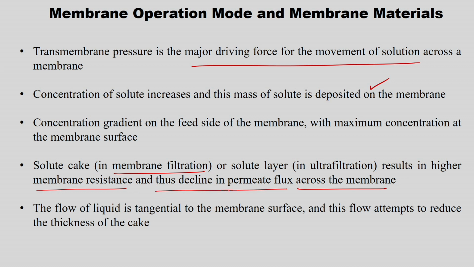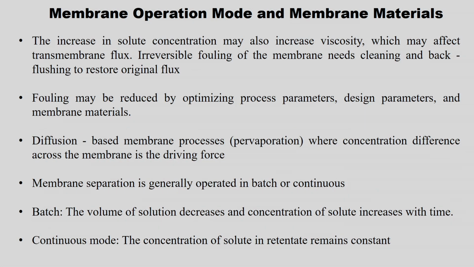The flow of liquid is tangential to the membrane surface, and this flow attempts to reduce the thickness of the cake. This we discussed in the previous slide itself. The increase in solute concentration may also increase the viscosity, which may affect the transmembrane flux, and irreversible fouling of the membrane needs cleaning as well as backflushing to restore the original flux.